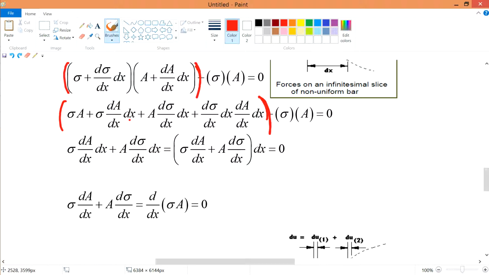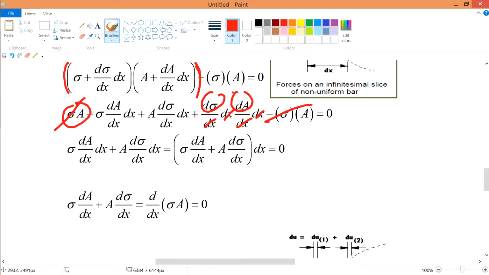Okay, now since we have a stress times A over here and a minus stress times A over here, we can cancel them with each other. Then this thing over here has a dx degree that is much smaller, like d sigma times dA times dx. In other words, if you cancel all the dx over here, you have d sigma times dA.